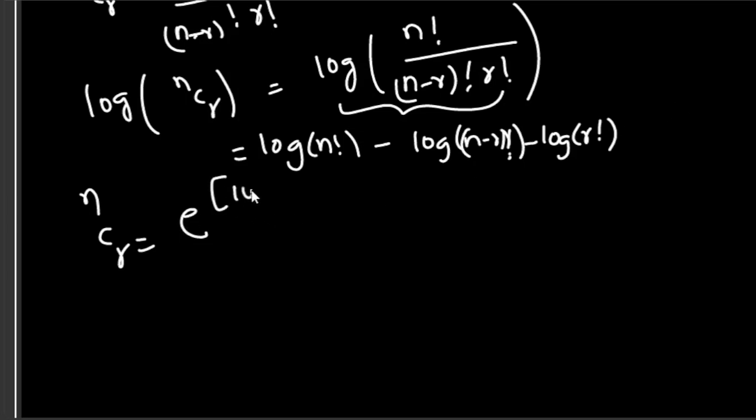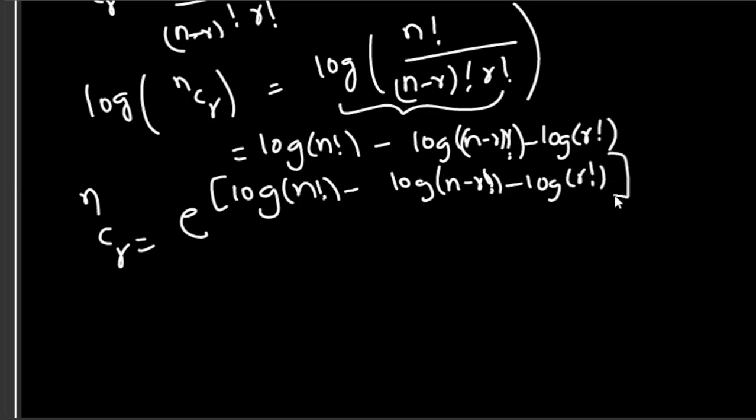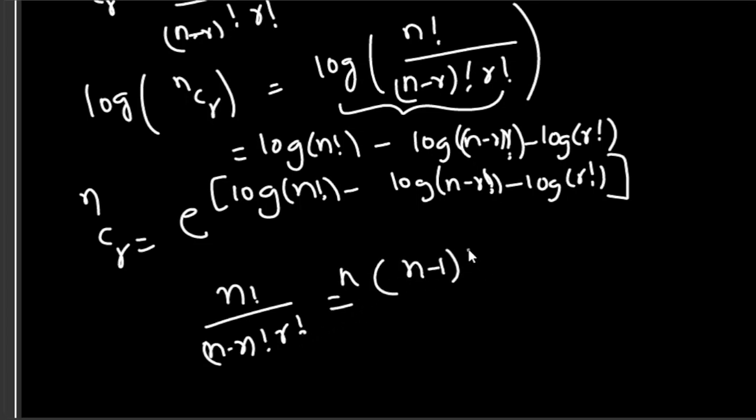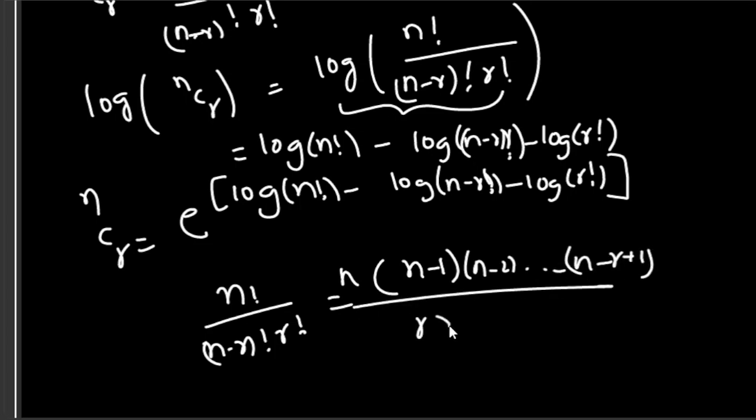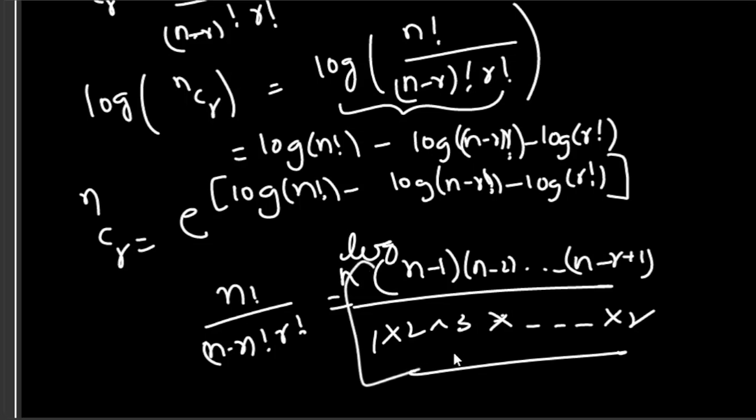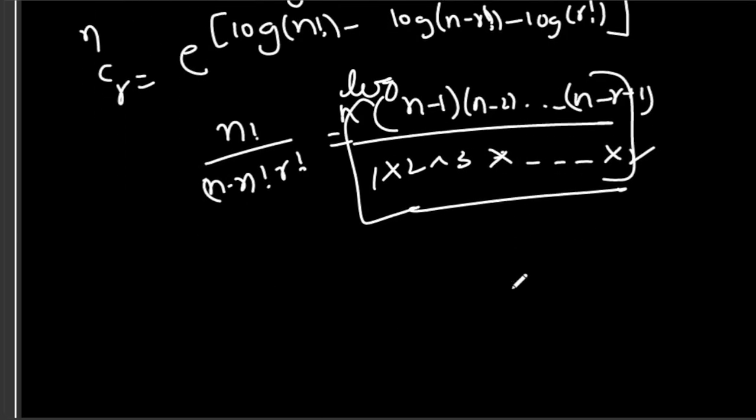So e power log of n factorial minus log of n minus r factorial minus log of r factorial. Just like we did earlier, n factorial by n minus r factorial into r factorial becomes n into n minus 1 into n minus 2 up to n minus r plus 1 by r into r minus 1 up to 1 into 2 into 3 into r. We can apply log to this as well. Iteratively this will be easy.